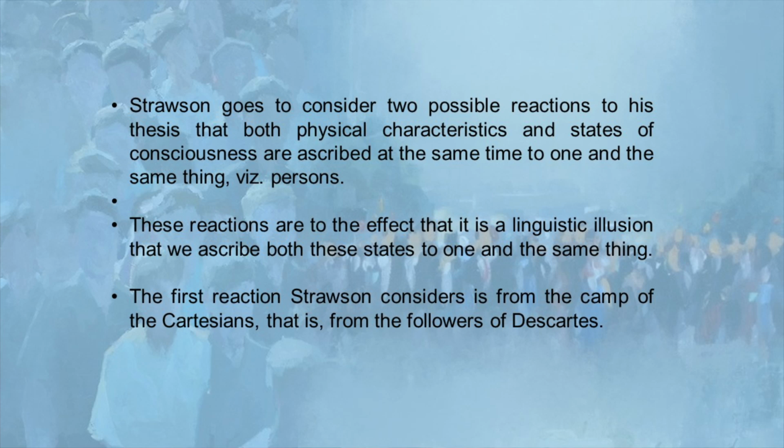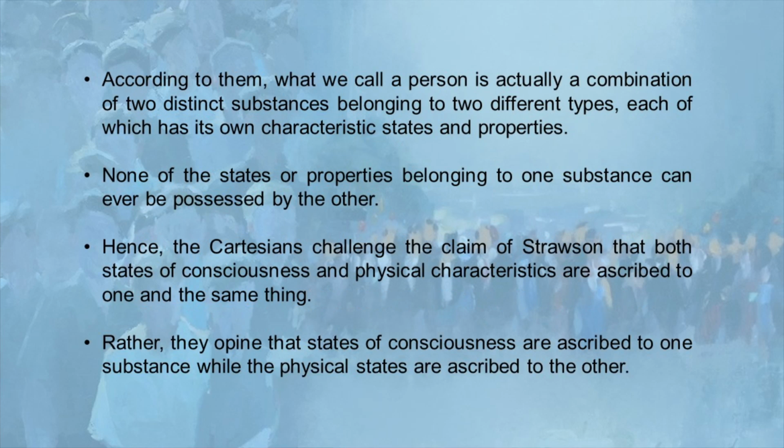The first reaction Strawson considers is from the camp of the Cartesians, that is, the followers of Descartes. According to them, what we call a person is actually a combination of two distinct substances belonging to two different types, each of which has its own characteristic states and properties. None of the states or properties belonging to one substance can be possessed by the other.